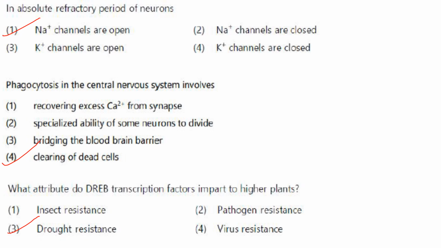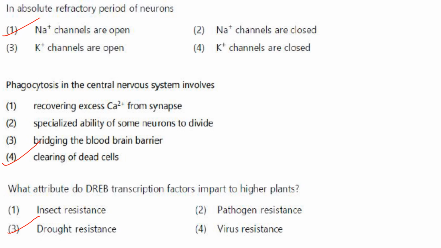So out of these, only clearing of dead cells is correct. Others like bridging the blood-brain barrier, specialized ability of some neurons to divide, recovering excess Ca2+ from synapse, all that is not part of the phagocytosis in central nervous system. So answer is option 4.